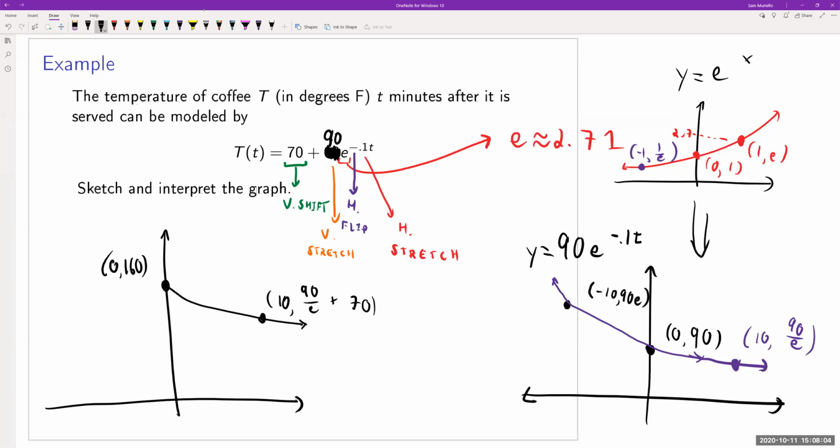We'll use our calculator to get a decent estimate of what this is. So if we plug this in, 90 over e, since e is about 2.7, we know this will be a little bit over 30. 90 divided by e comes out to be 33.1, which means when I add 70, we get about 103.